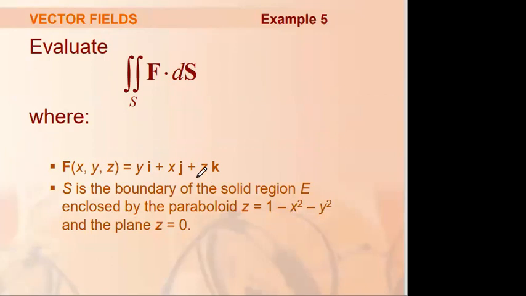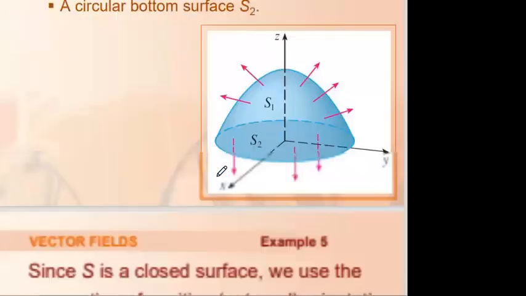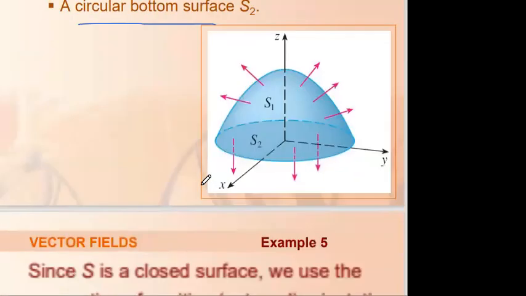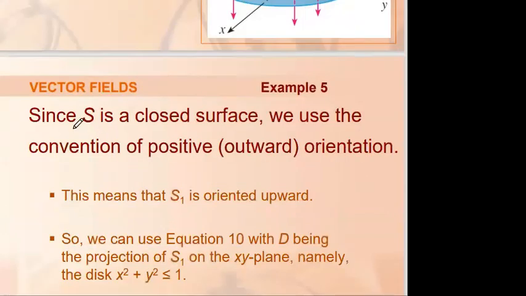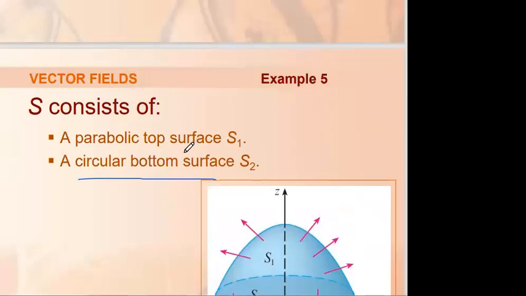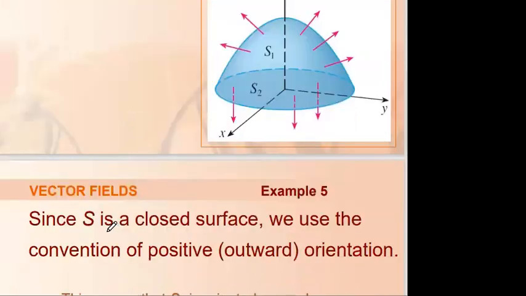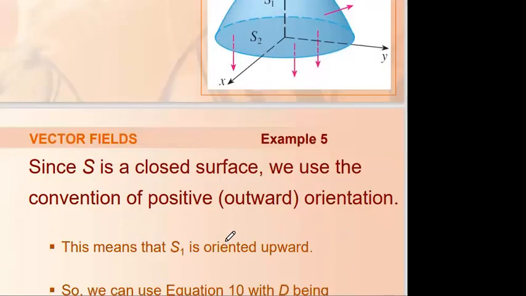They are given the entire geometry. S1 is the upper part, and the bottom is the circular bottom, S2. So that is the surface S defined by them, which is a closed surface.